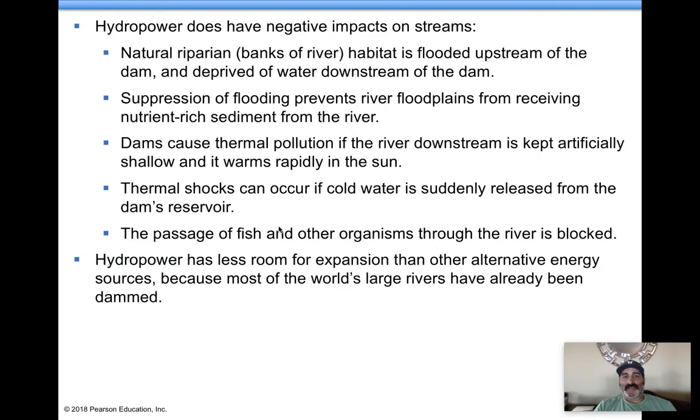The negative impacts, I've already briefly talked about them. You shift habitat to the point where riparian zones, the banks of rivers, can get flooded at times, and in some areas they're not getting enough water. So it really changes the habitat a lot. It's a major habitat destroyer, specifically of riparian habitat. When you suppress floods, you mess with nutrient-rich sediments getting to where they need to go.